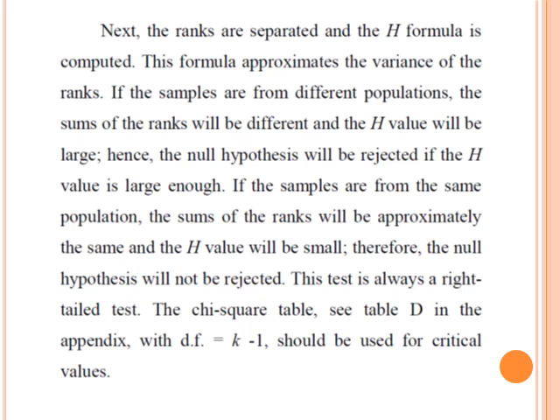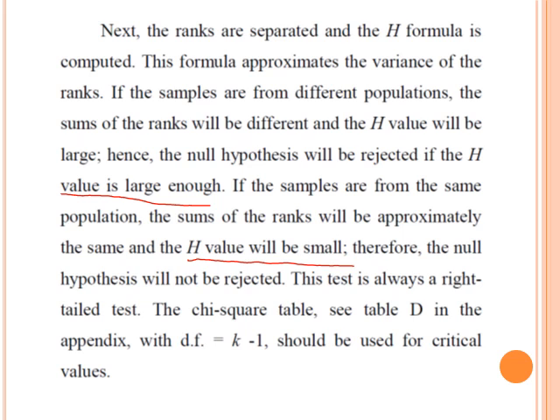Again, we have two different situations: H will be small and H will be large. If it is small, the null hypothesis will not be rejected because this means the populations may be the same and equal. But if it is very large, this means the variance of the ranks is very large, and the samples are from different populations.